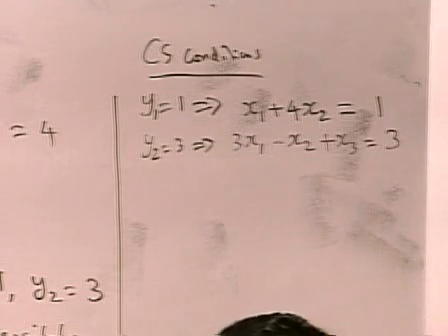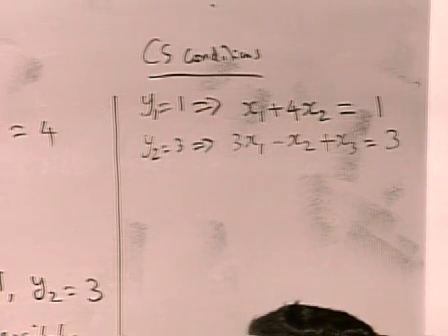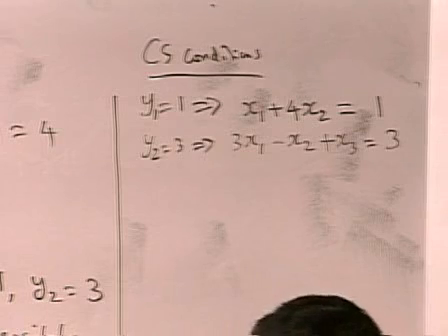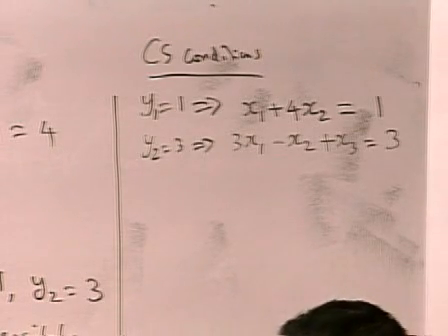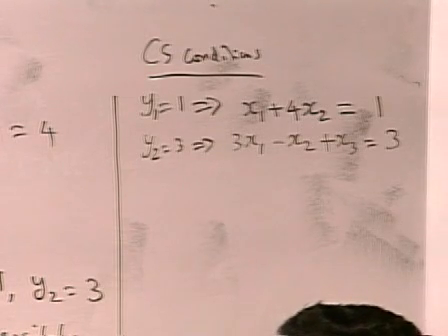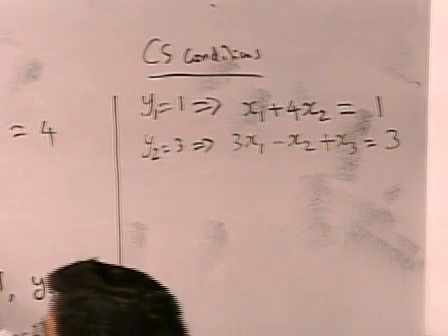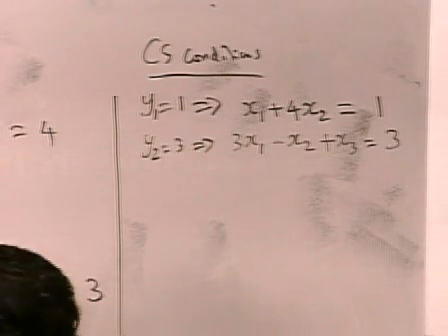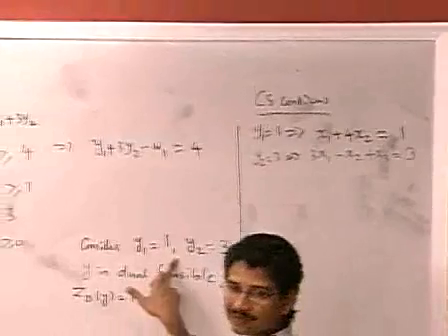Now, what else do we know from the CS conditions? Observe that this quantity, y1 plus 3y2, for this set of values is actually 10.